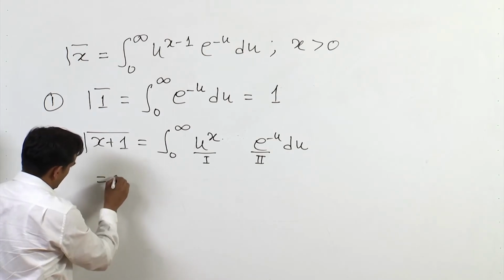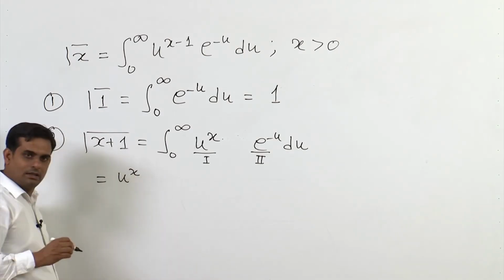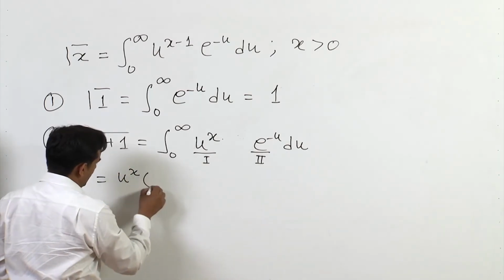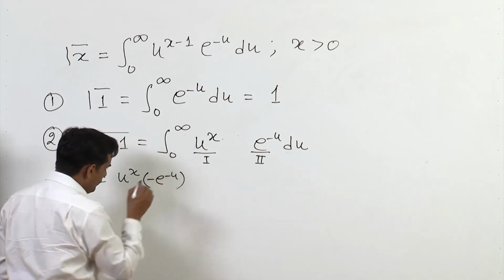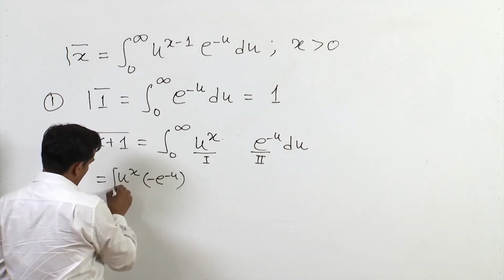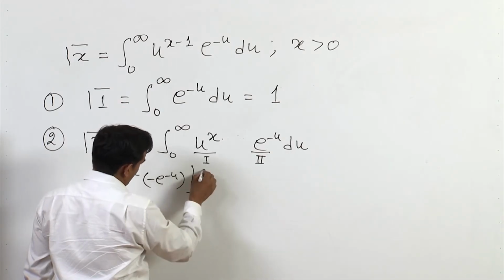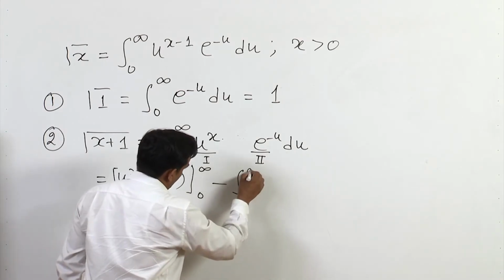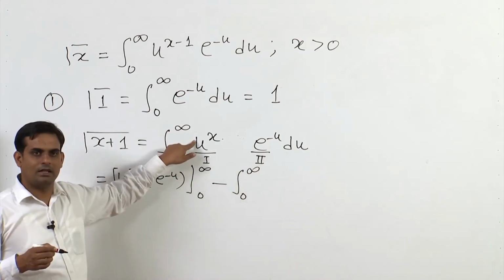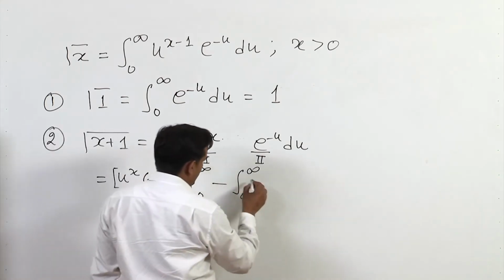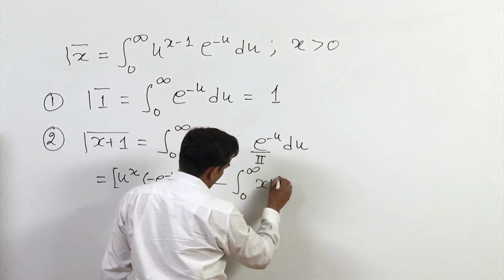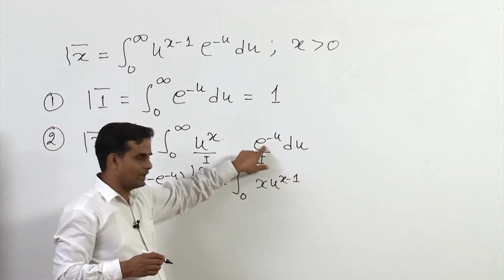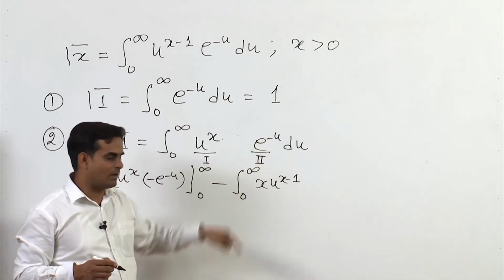So it is the first function as such times the integral of the second, which is minus e raised to power minus u, evaluated from 0 to infinity, minus the integral from 0 to infinity of the derivative of the first function, x u raised to power x minus 1, times the integral of the second, minus e raised to power minus u.